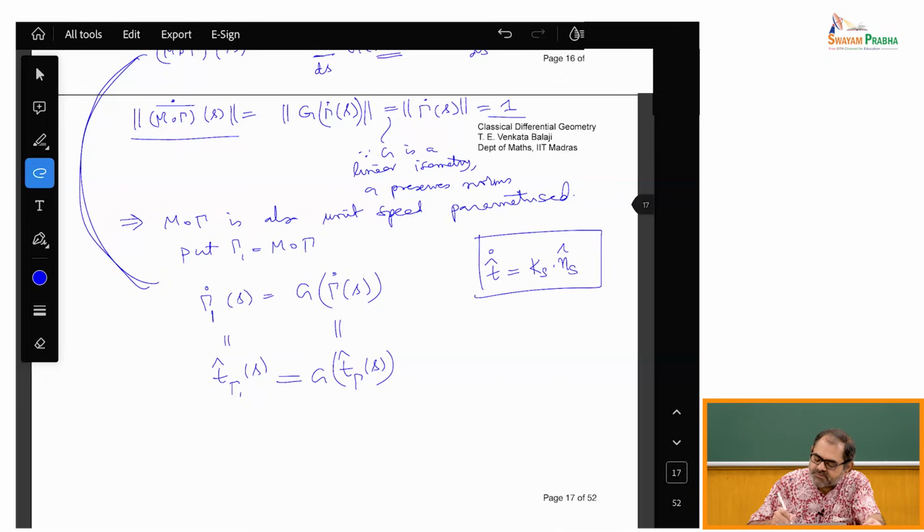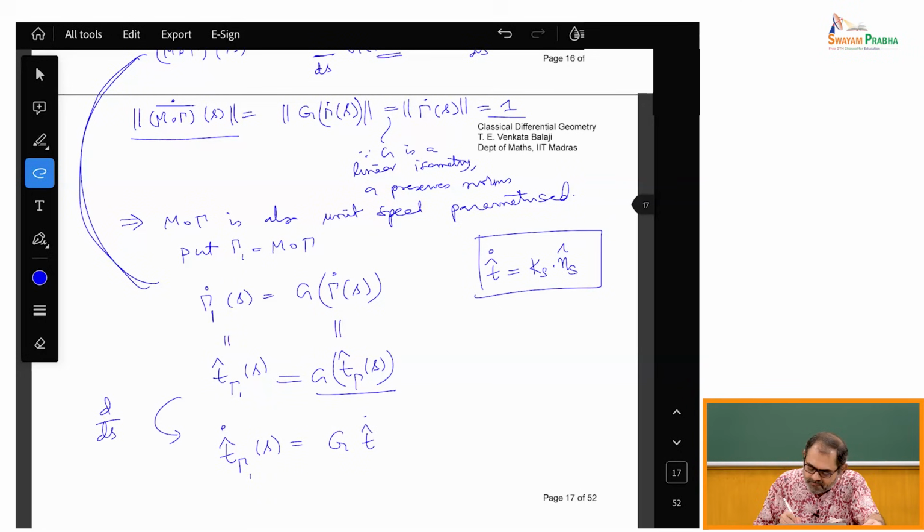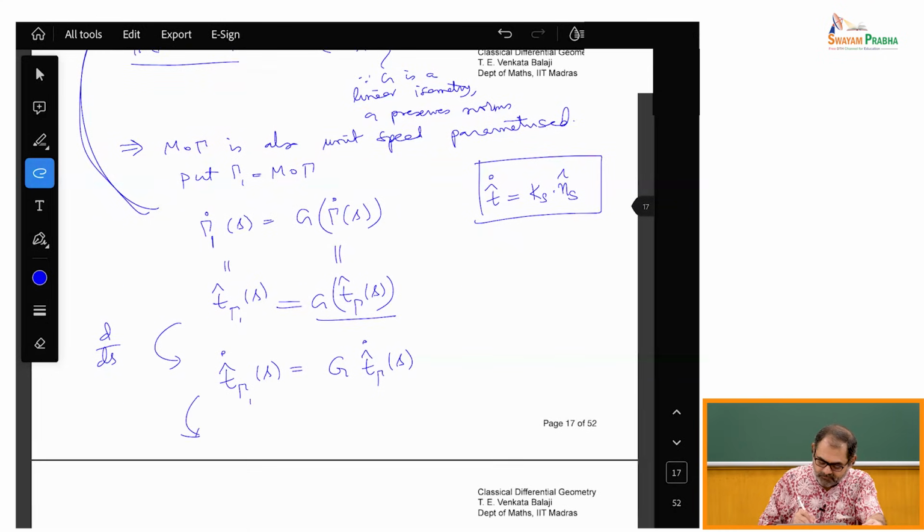So you differentiate once more, you apply d by ds to this, and you will get T cap dot gamma 1 of s is equal to, if I do d by ds on the right side, G is a constant. If you think of it as a matrix, it will come out. So I will get G into the derivative inside, which is T cap dot of gamma of s. Okay, and now apply the Frenet-Serret.